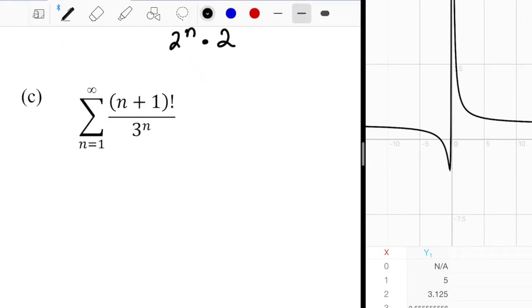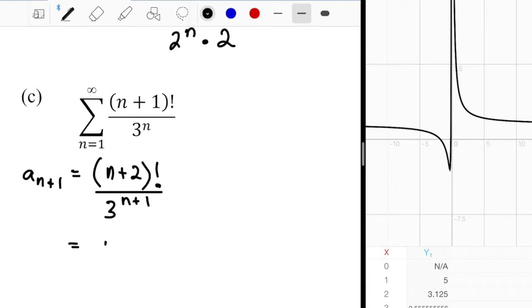Alright, so we're looking at a sub n plus 1. So it's going to be n plus 2, really, factorial over 3 to the n plus 1. Now this is the same as saying n plus 2 times n plus 1 factorial over 3 to the n plus 1.